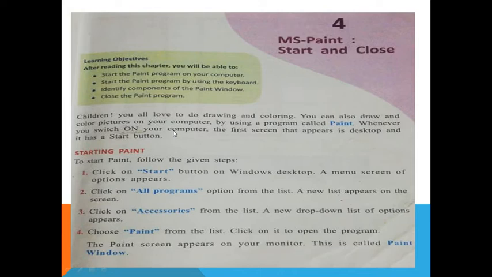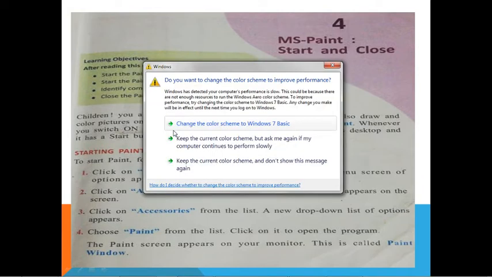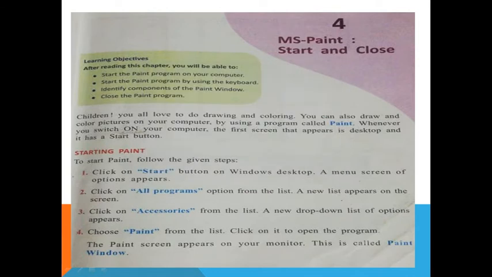Then after that, click on Accessories. From the list, a new drop-down list of options appears. Then fourth, choose Paint from the list. Click on it to open the program. The Paint screen appears on your monitor. This is called the Paint window.